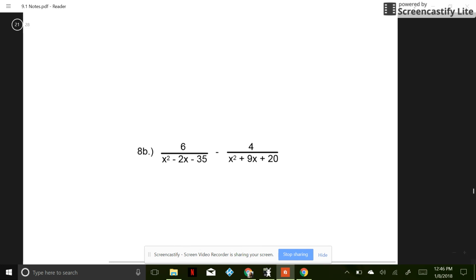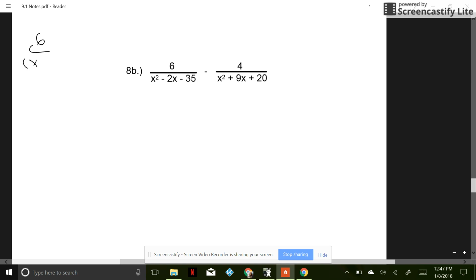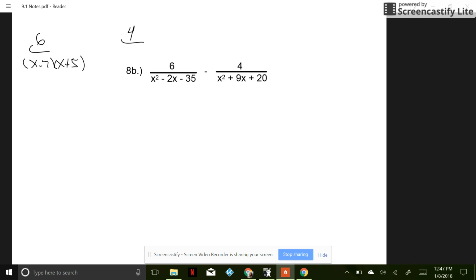So we're going to continue doing another example here. So first thing we want to do is we want to factor our denominators. Here we go. Sorry. So we'll have 6 over x minus 7, x plus 5. And then we have 4 over x plus 4, x plus 5, sorry.